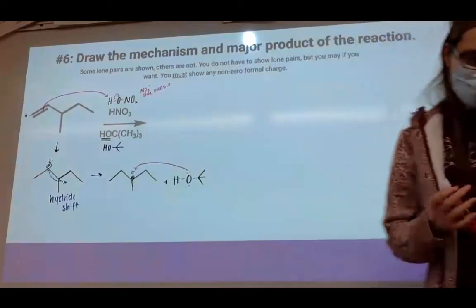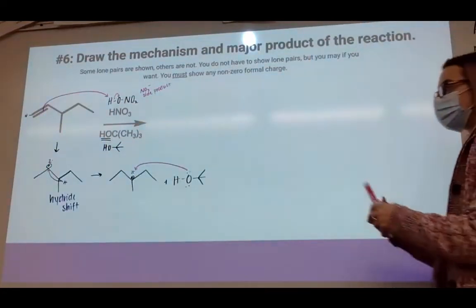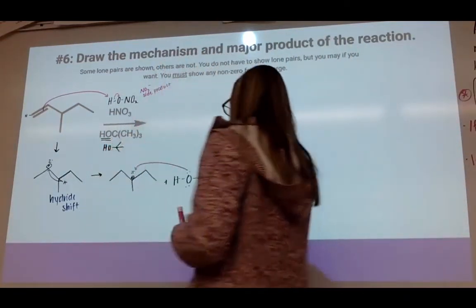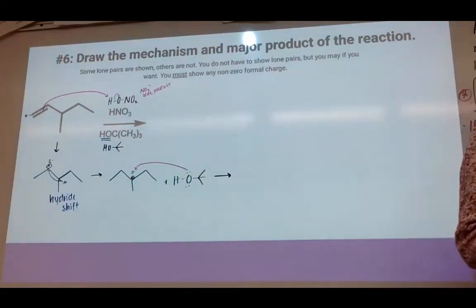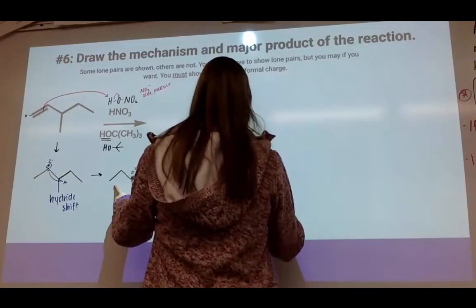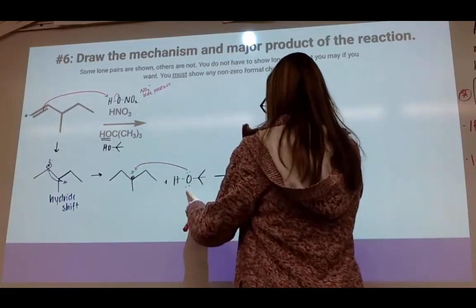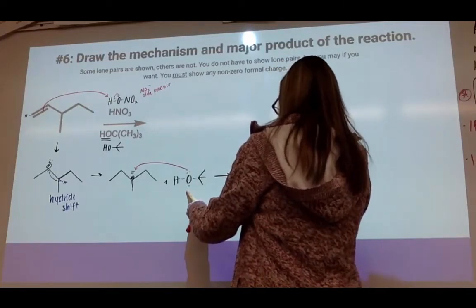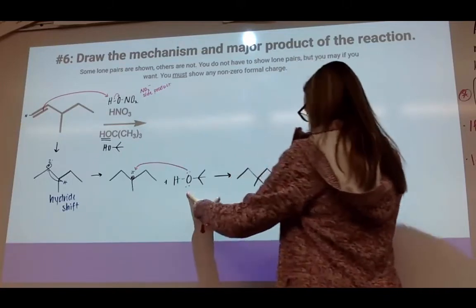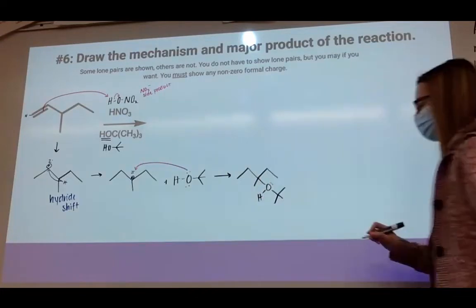So we have the lone pairs attacking that carbocation. That's going to form a bond. Now here's where it starts to look really weird. Just draw it the best you can. So off of here now, I have O, still bonded to H, now with 1 lone pair, carbon, and 3 methyl groups.